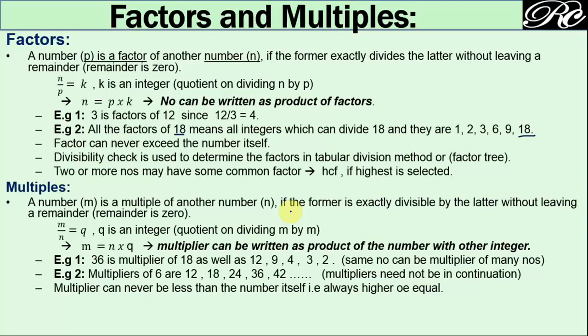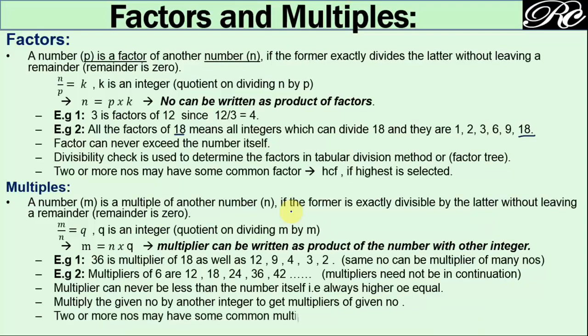It is either equal to or always higher than the given number. Multiply the given number by another integer and you will get a multiple. It is also possible that two or more numbers have a common multiple. This gives the concept of LCM, the lowest common multiple.